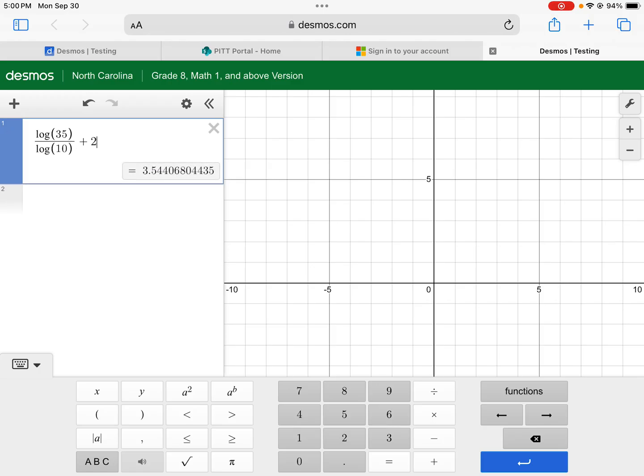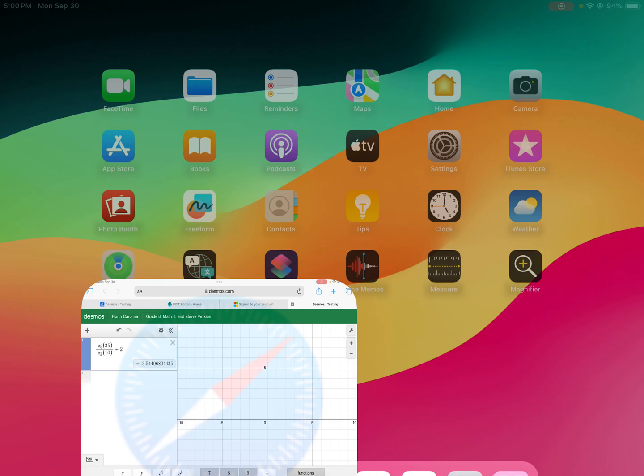Make sure you move that cursor out from underneath that division sign before you hit plus 2. And again, we're going nearest hundredth, so this would be 3.54.